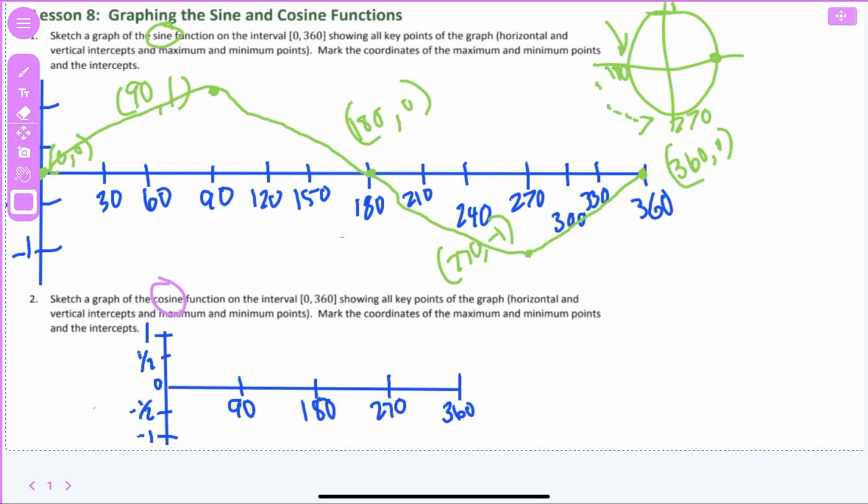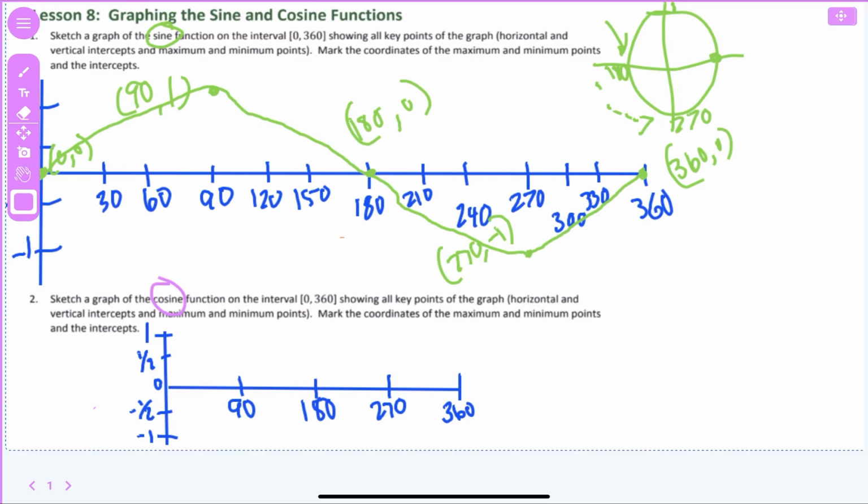The cosine function, we're still doing it from 0 to 360. I just didn't put all those labels on there again. But it says show all the key points of the graph, horizontal and vertical intercepts, and the maximum and minimum points. Mark the coordinates of the maximum and minimum points and the intercepts. Okay, so let's do this again.